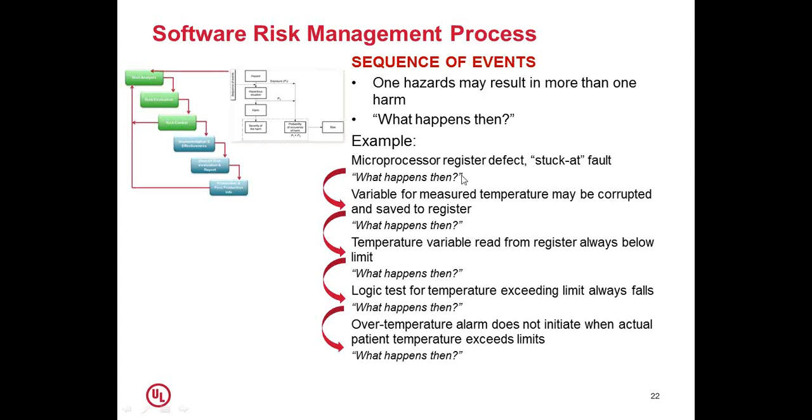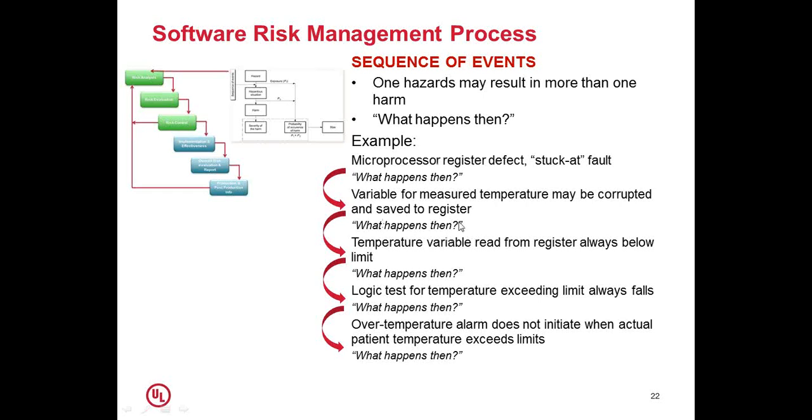This is very good questioning, which you should continue till we get to the harm. For example, the variable for measured temperature may be corrupted and saved to the register. Here I am using a microprocessor to measure the temperature for an intended function, maybe a thermometer.